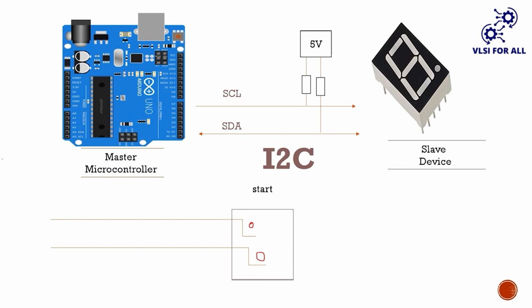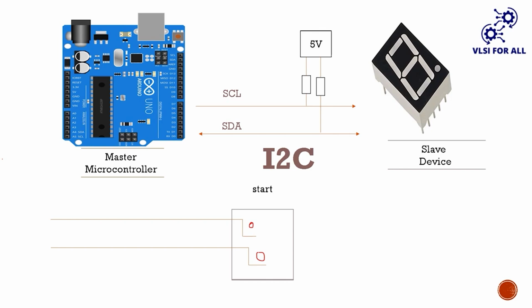This device address is 3C, and it converts into binary. In the I2C communication method, we can have a device address of 7 bits. So we can connect 128 devices to a single master, because the maximum number of devices is 2 raised to the power 7, that is 128.